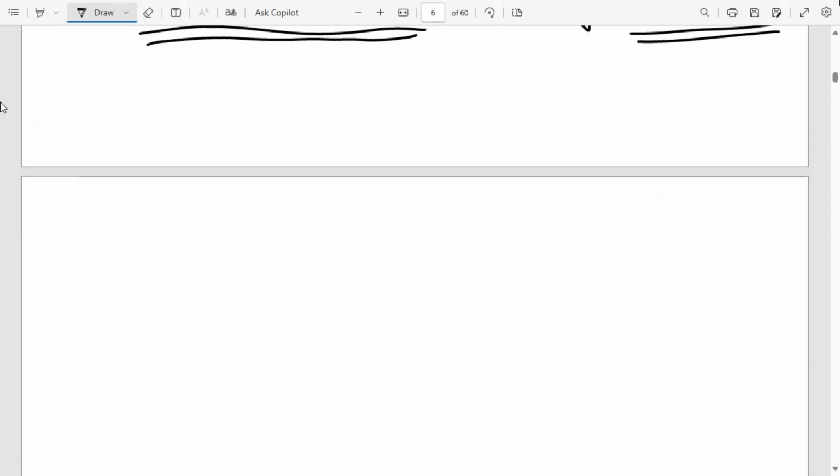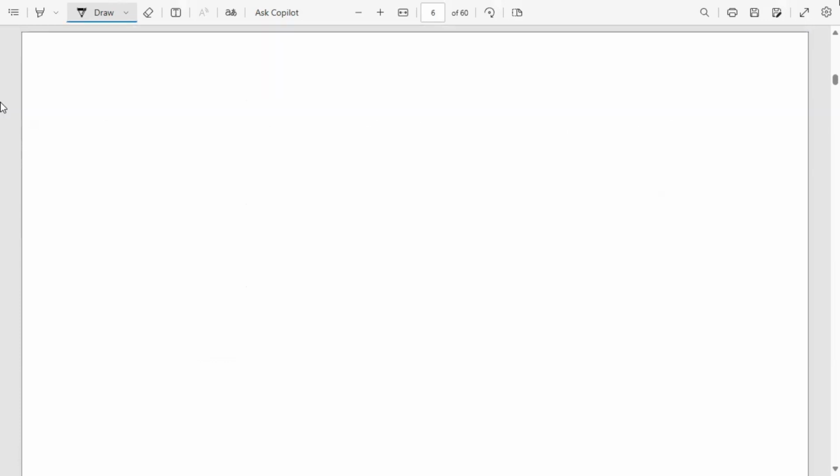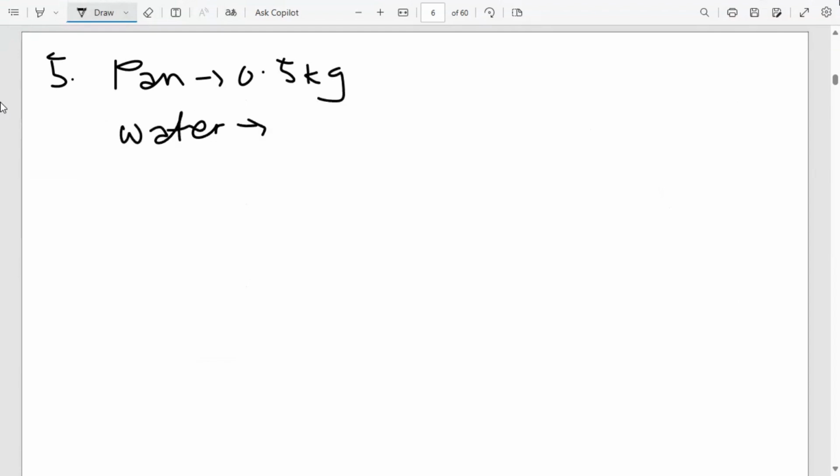So this is question 5. And question 5, we've been given to say we have a pan with a mass of 0.5 kilograms. Then you also have water, of which this water has a volume of 0.25 liters.